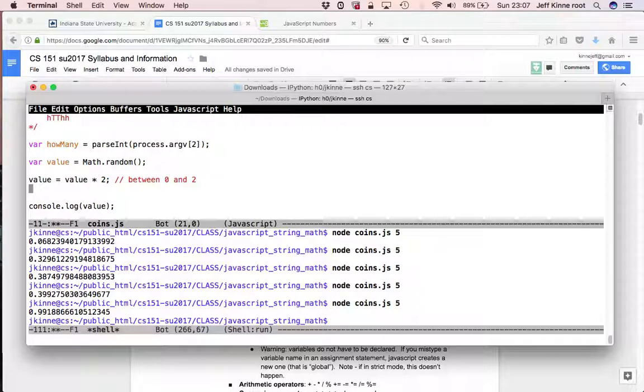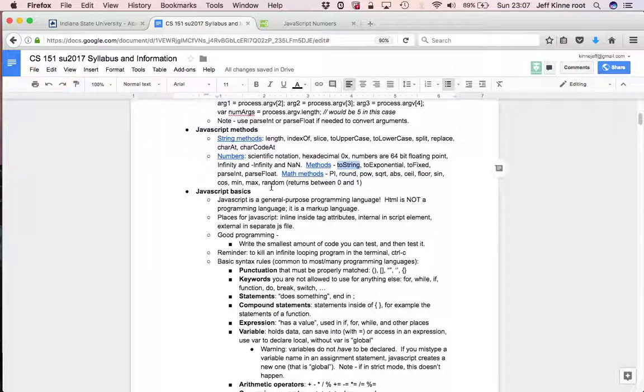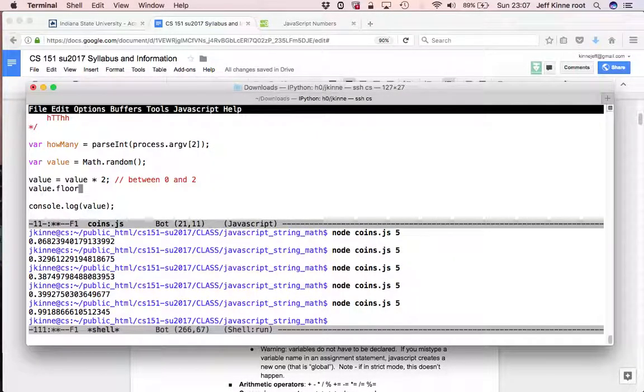So then I can say value equals, so it's between 0 and 2, and roughly 50% of the time it'll be 0 point something, and the other 50% of the time it'll be 1 point something. So if I just say value equals value dot floor, then that should be either 0 or 1. I'm cutting off the part after the decimal point.